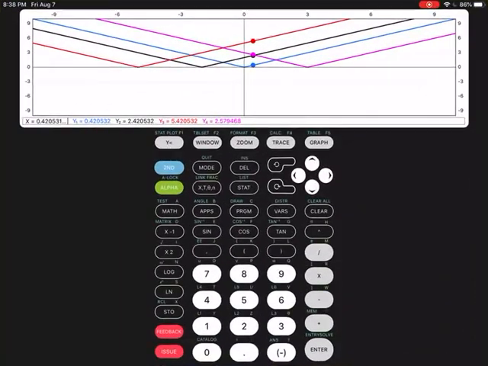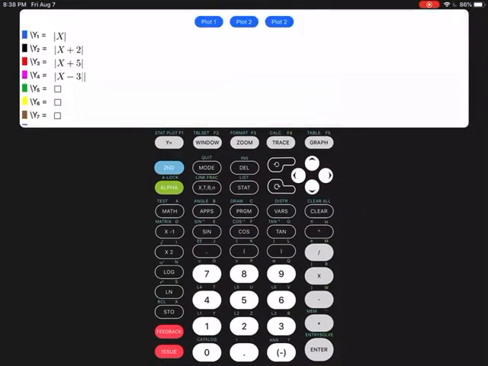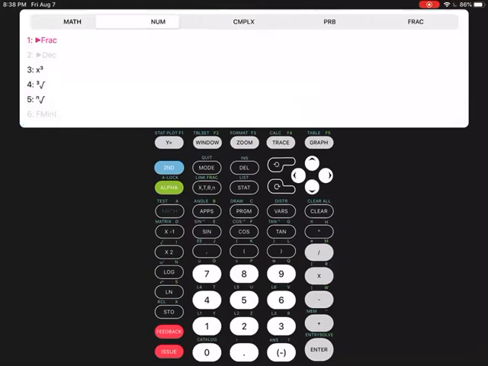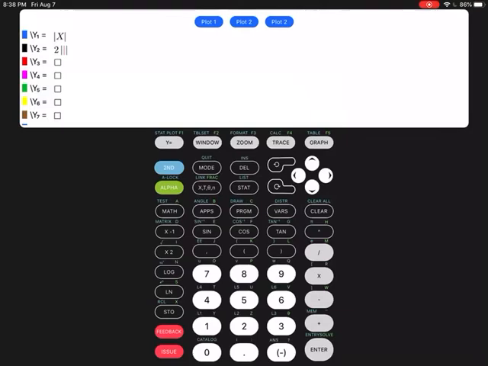Okay, so looking at my graph, I get my calculator, go to y equals. I'm going to leave that first one, and get rid of these guys. So I have 2 times the absolute value of x as that first one.